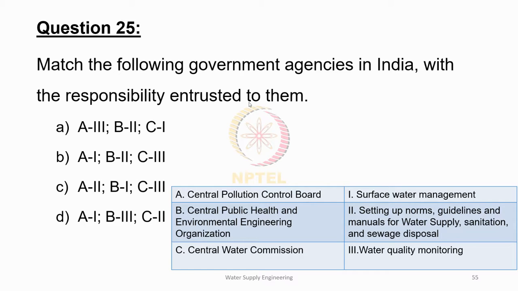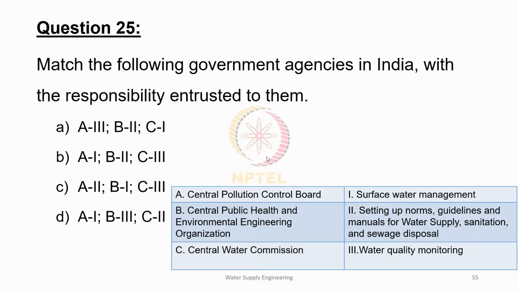Match the following government agencies in India with the responsibility entrusted to them. So here's a table at the bottom. On one column we have A, B, C, three government agencies of India, and in the other column we have some duties. So we have to match the government agencies with their duties. So A, Central Pollution Control Board.